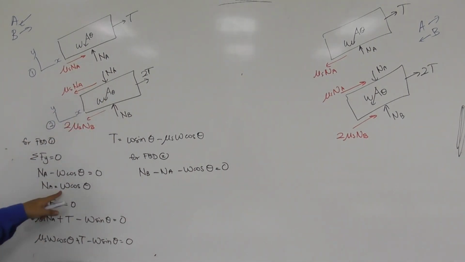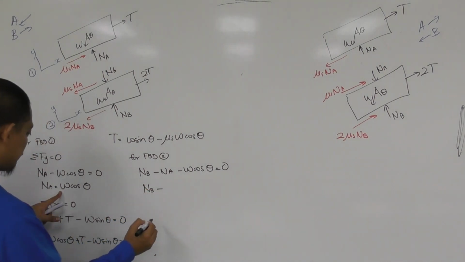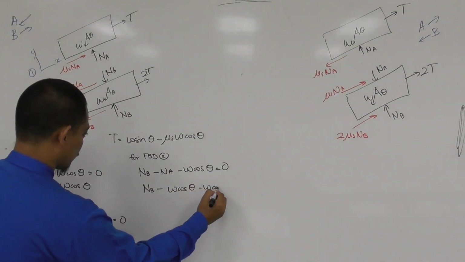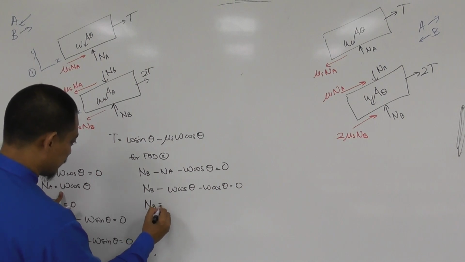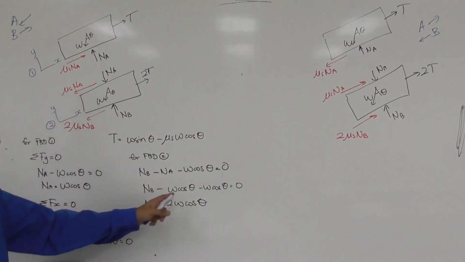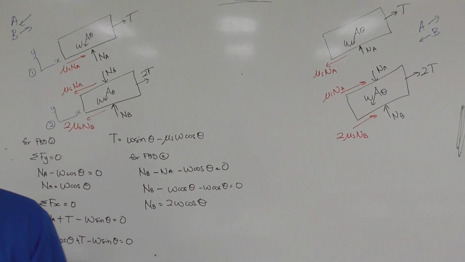But NA is already here, right? So NB minus W cos theta minus W cos theta equal to 0. So basically NB will be 2W cos theta, right?